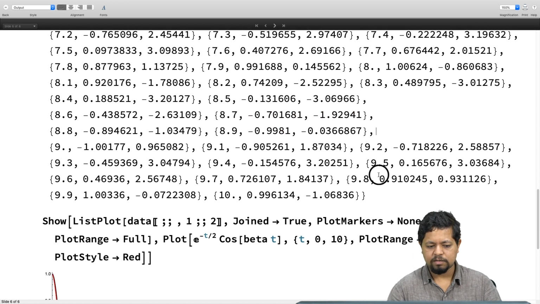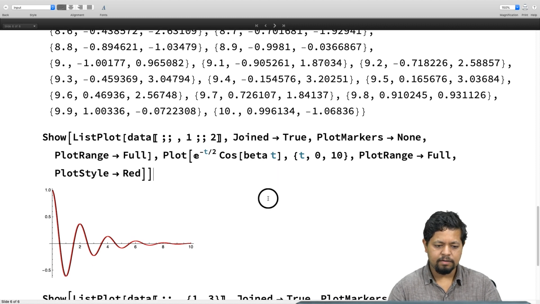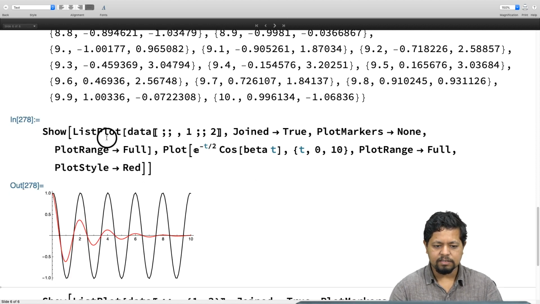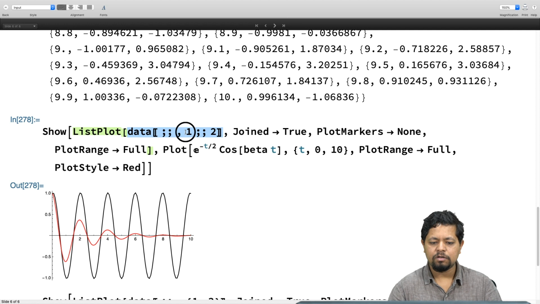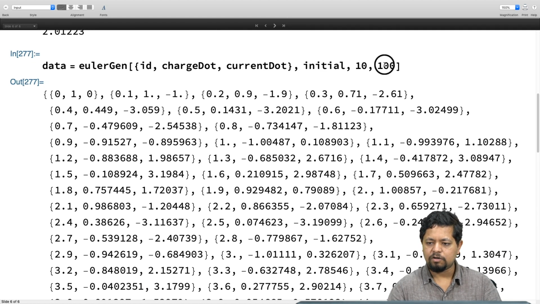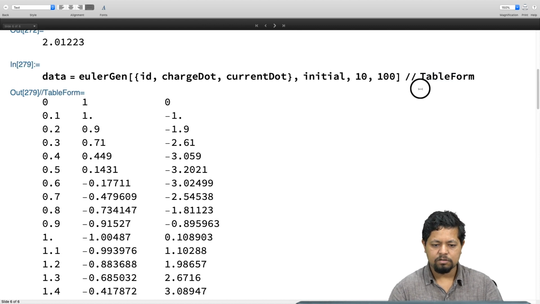So let's go ahead and plot this. In order to plot this, here is my comparison. What I have done here is a list plot of the data that I've just calculated, and in the data I'm taking all the rows but only the first and the second column. To make it more readable, I can show this in table form so that you can see.